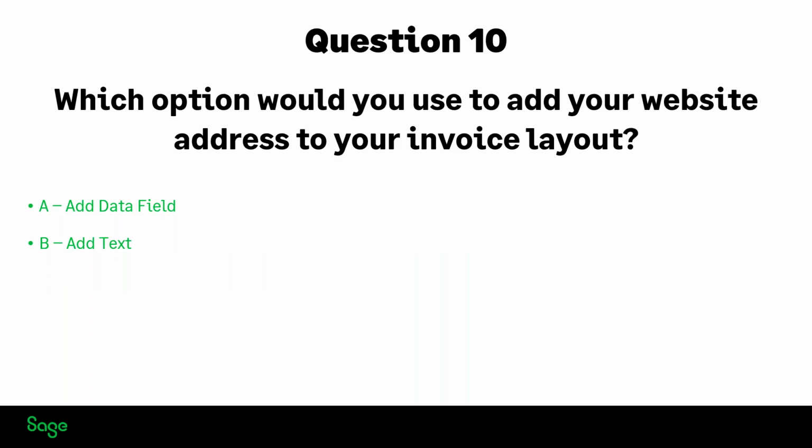The thing to watch out for with this is things like your website address, for instance, that's not likely to change. So when it's not likely to change, you could add it as either say, right, I want you to pull this through from the company website variable, add that to your layout, or you could just add it as a bit of text. So text is generally used where it's static information.